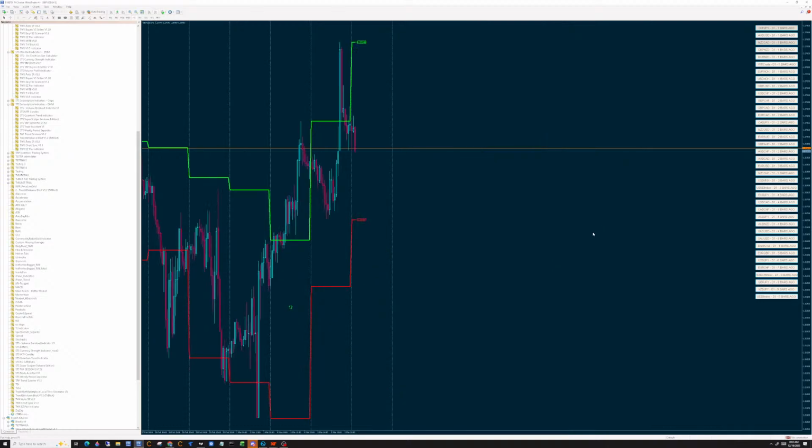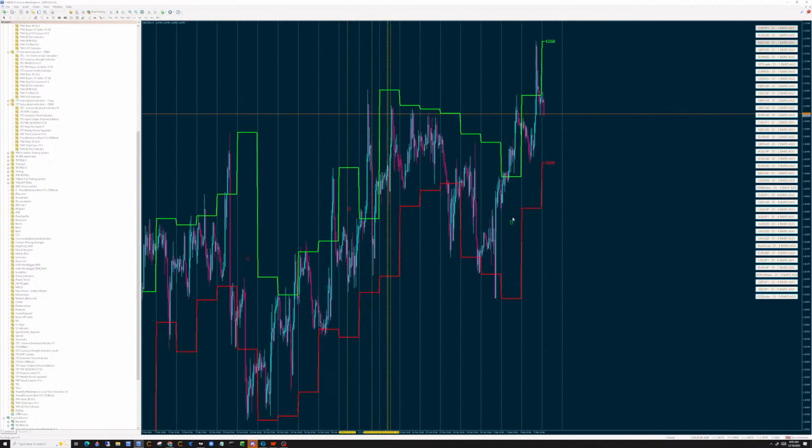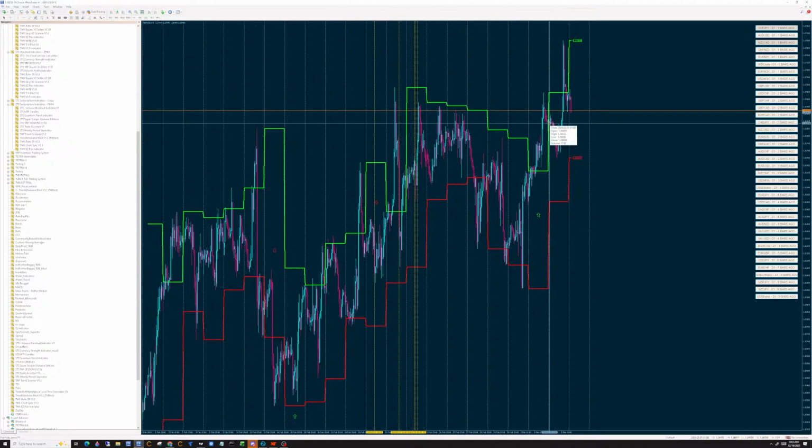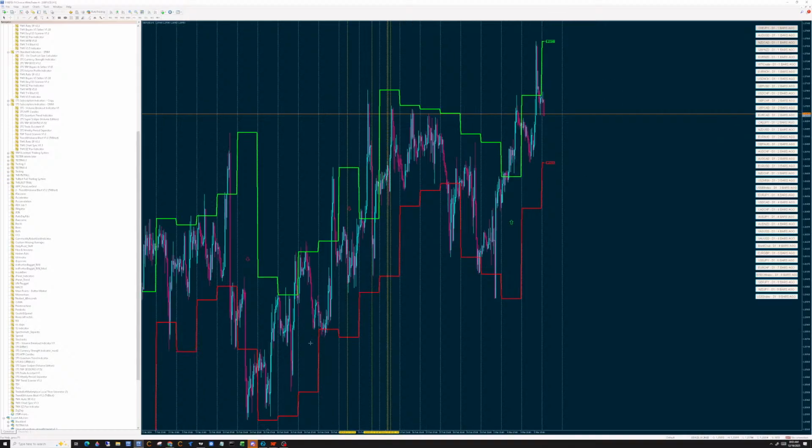It's actually really cool. If you look here, when this specific day closed, which was at this price right here, we would have gotten a buy signal right there. On the same note, when this candle closed here, we would have gotten a buy signal. And so you'd be looking for a buy.